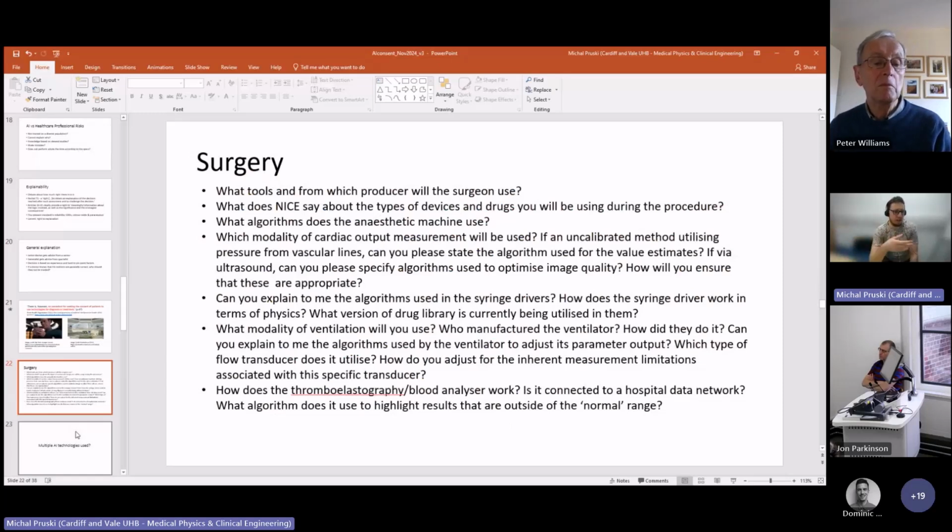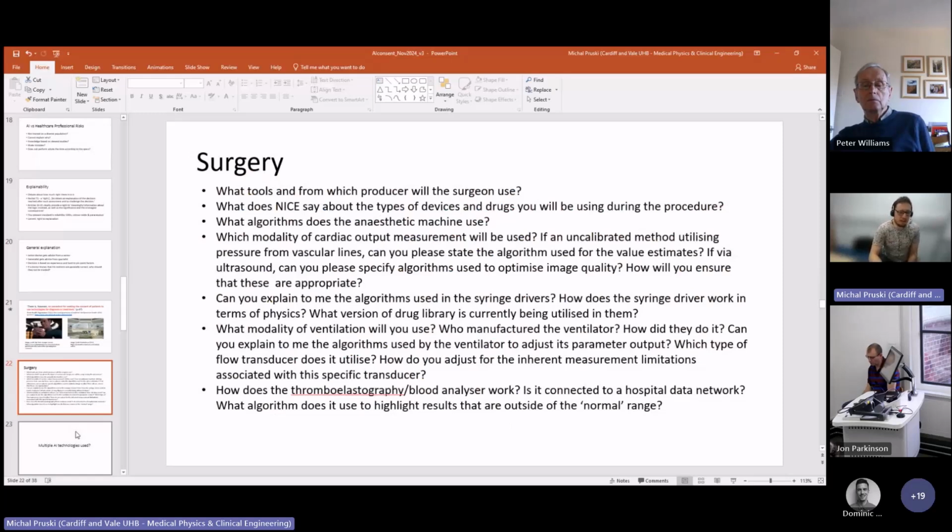Anesthetic machines have their own algorithms. There are at least 3 different modalities for measuring cardiac output from a patient, including calibrated and uncalibrated methods, that use various algorithms, as well as the use of ultrasound that might optimize the waveform or whatnot, that the people who use these things probably don't know in a nitty-gritty fashion, but still use daily.